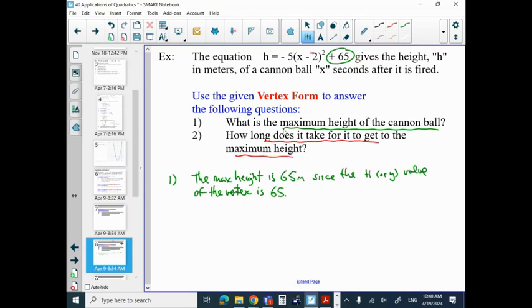Well, we know that the vertex is over at +2, right? So right here we can say it took 2 seconds to reach the maximum height. Since this is like justifying, right?